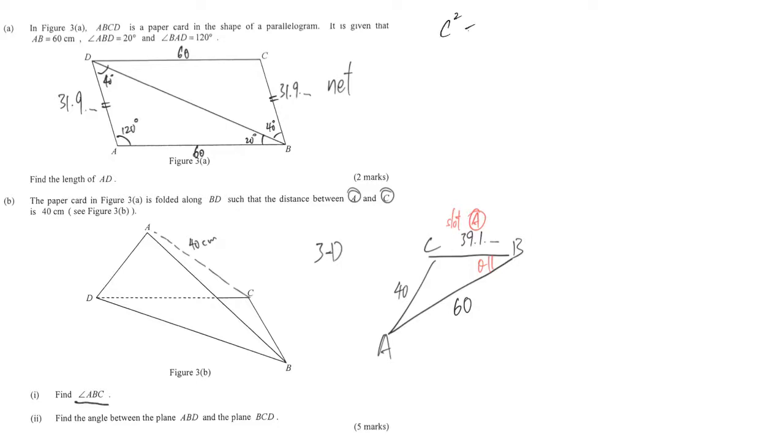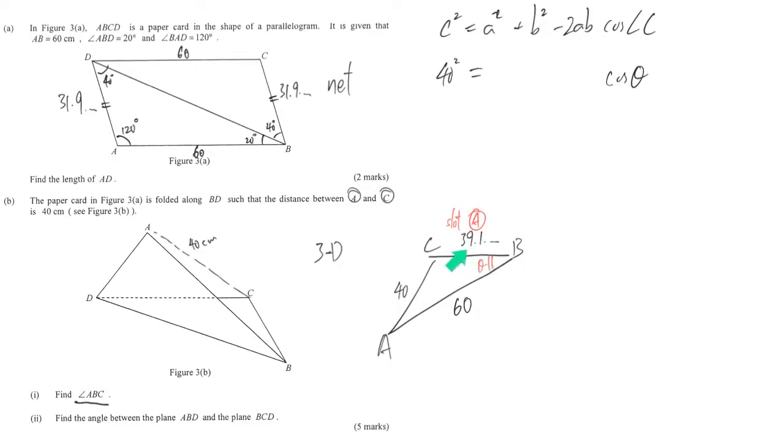Cosine formula: c squared is equal to a squared plus b squared minus 2ab cosine angle c. The only angle here is theta, so we must use theta here. That means the corresponding c, the length, should be 40. That means this one should be replaced by 40, but not other sizes. So c squared is 40 squared, and then cosine angle c, that means cosine our target.